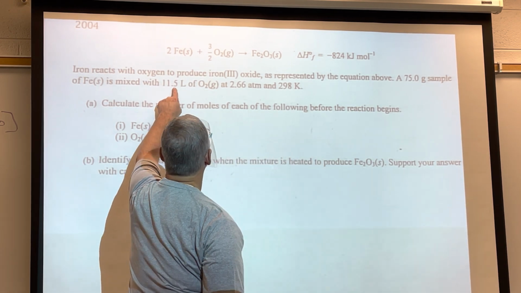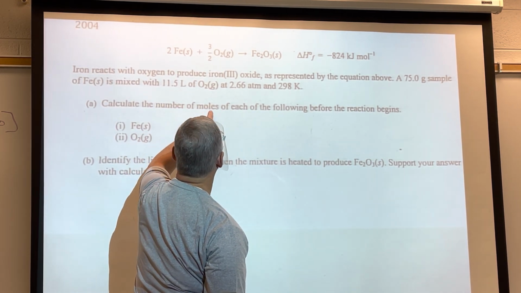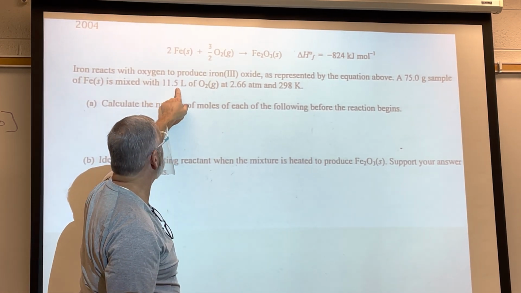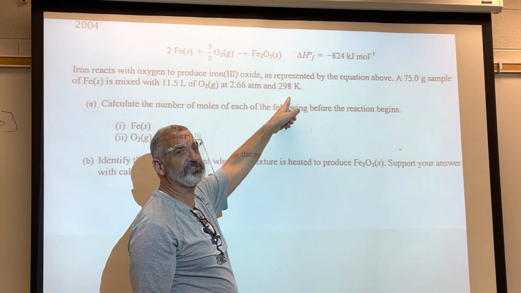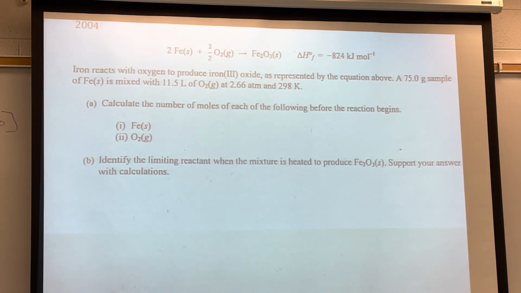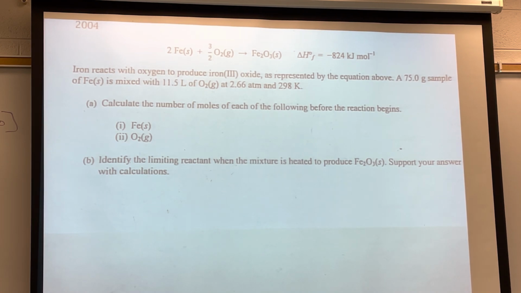So if I'm given 11.5 liters and it says calculate the number of moles, what equation am I gonna have to use if I'm given a gas, 11.5 liters, 2.66 atmospheres, 298 K? How do I find moles? Ideal gas law. PV equals nRT, n equals PV over RT. Yeah. And then identify the limiting reactant.